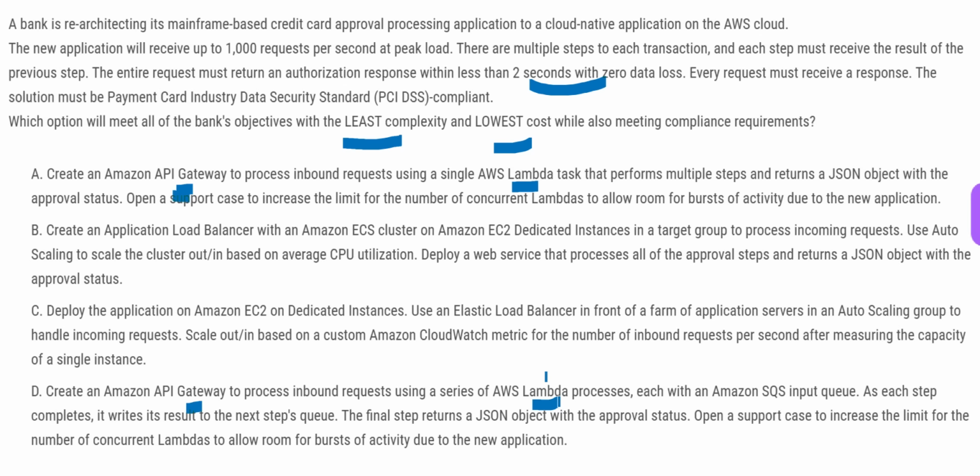When two options are like this, the answer most likely will be one of these two. The other B and C, we should not even worry about. So here API Gateway will process, lambda would perform multiple steps and return a JSON object. You open a support case to increase the limit of concurrent lambdas to allow room for bursts of activity.